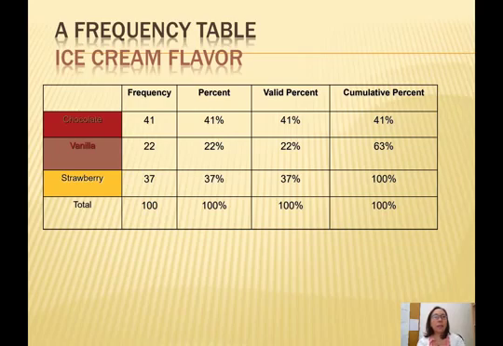And here in the second column, we have frequency, which is to count how many people selected chocolate as their favorite ice cream flavor, or vanilla, or strawberry. And you see here that there's 100 people that answered this question. And as you can see, of the 3 ice cream flavors, chocolate is the most popular because we see that the frequency is the highest.